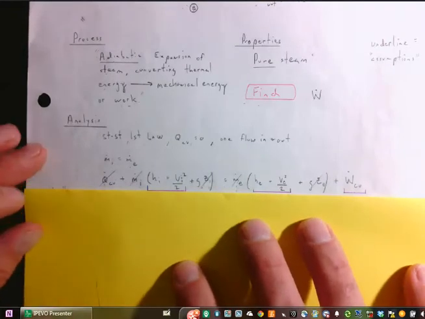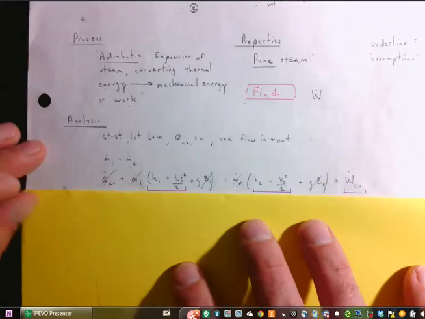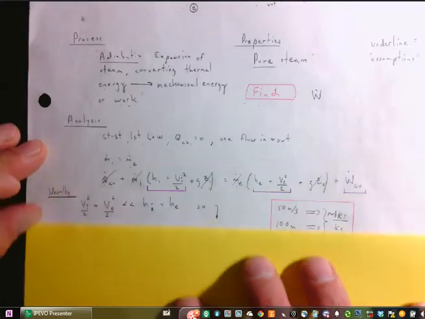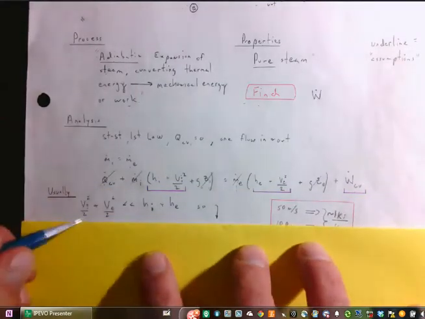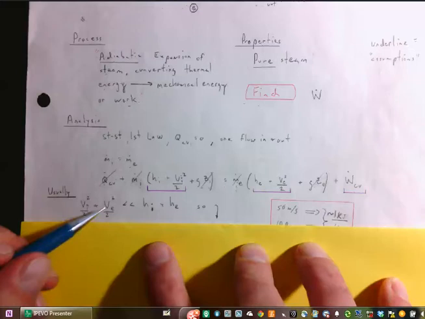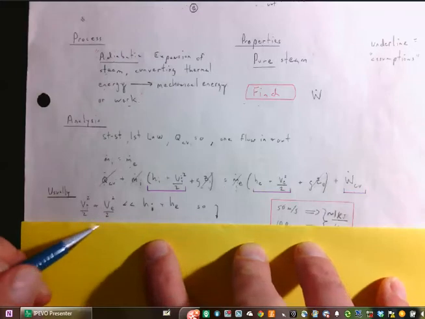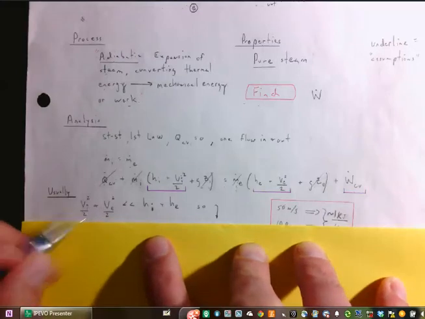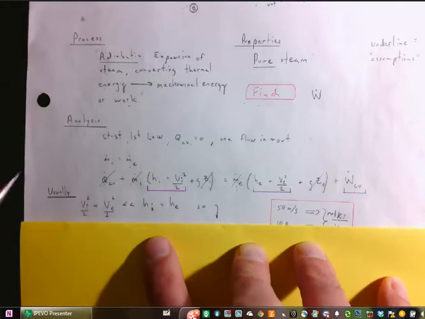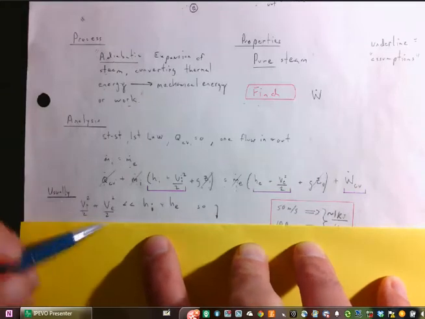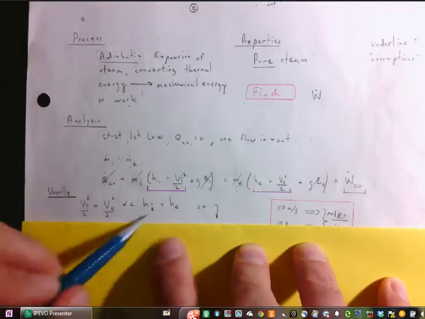I've left the V's to make one more statement about them. Usually Vi squared divided by 2 and Ve squared divided by 2, which without dividing through by 1,000 would give you joules per kilogram, are much, much less than the enthalpies.